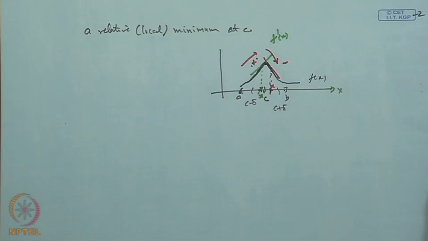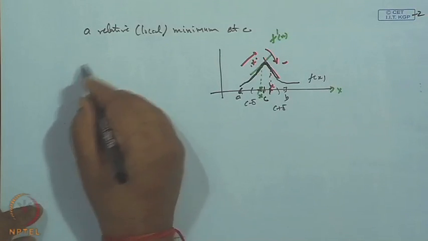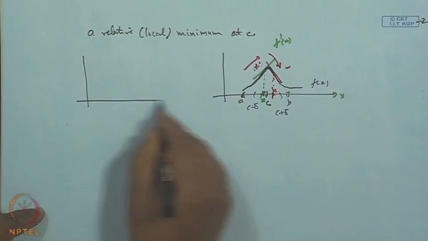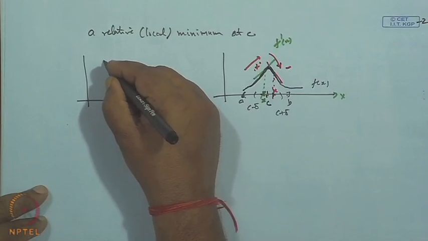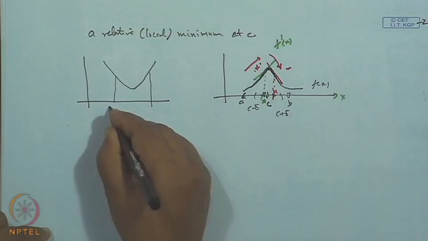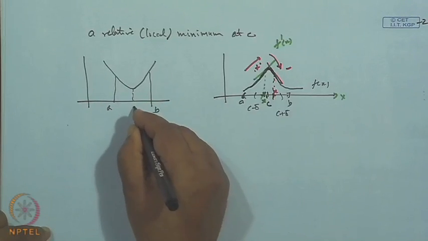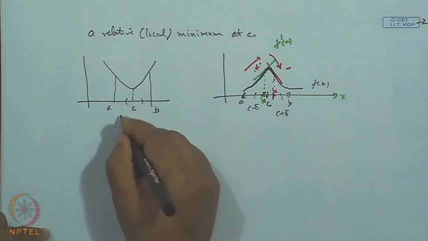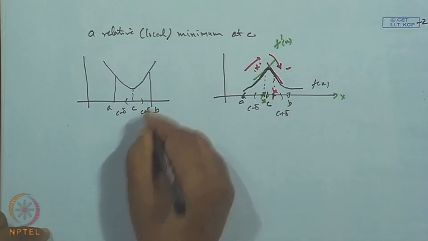The same case happens in the second part. Suppose we have this curve, here is this a b, and we have this point c. So, let us take a neighborhood c minus delta, c plus delta.